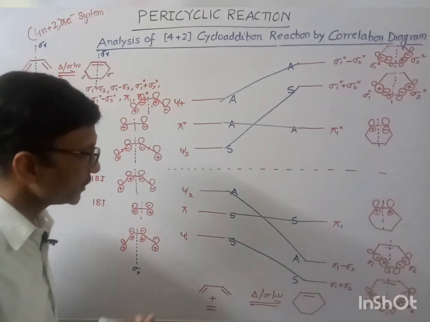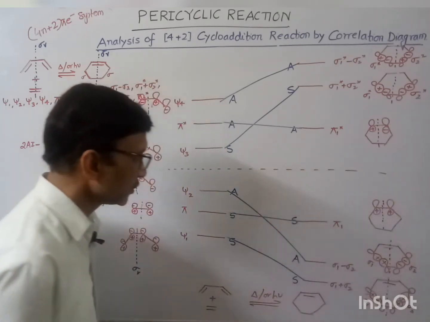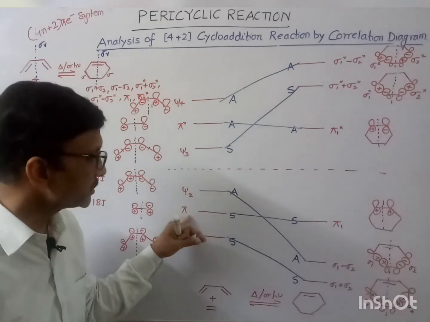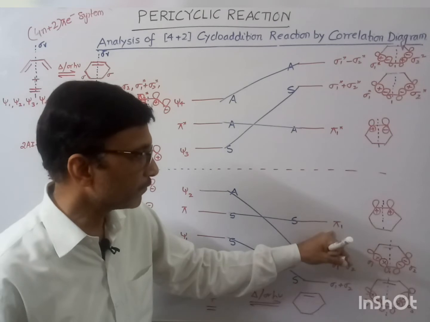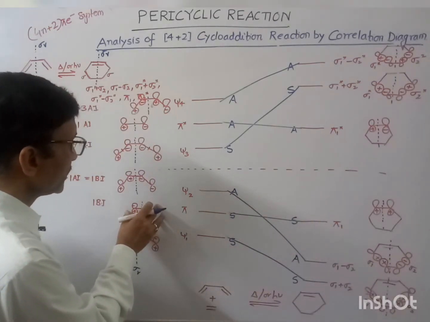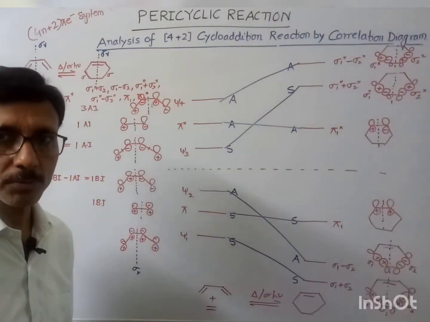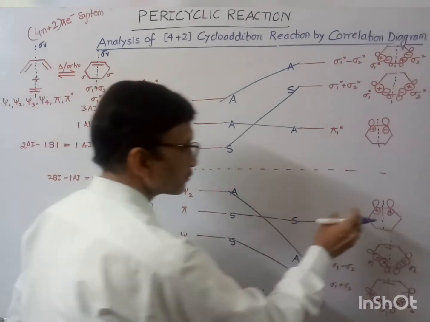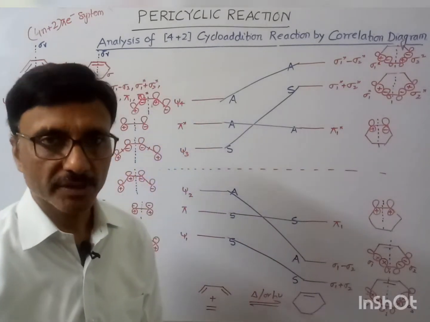And now if you see the energy difference between this pi and pi star, I have drawn the energy level of this pi a little higher than that of pi 1, because this pi molecular orbital is under the influence of the butadiene pi molecular orbitals. So this gives it a low energy, whereas this pi system is not under the influence of any other pi bond.